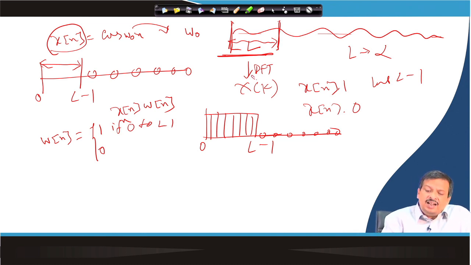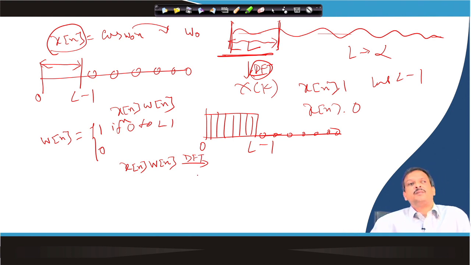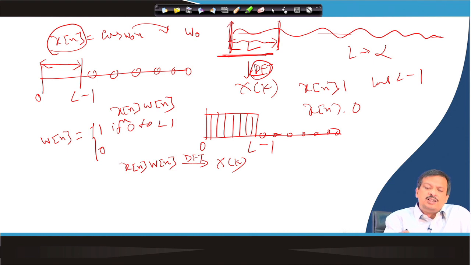So, when I take the DFT, basically I am not computing the DFT of x of n alone, I am computing the DFT of x of n with w of n.